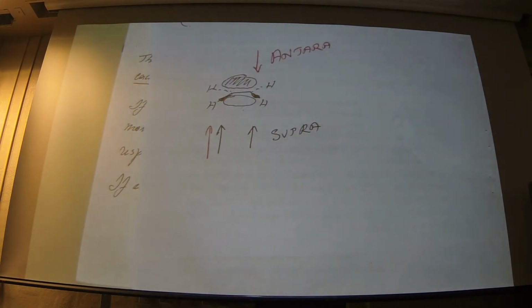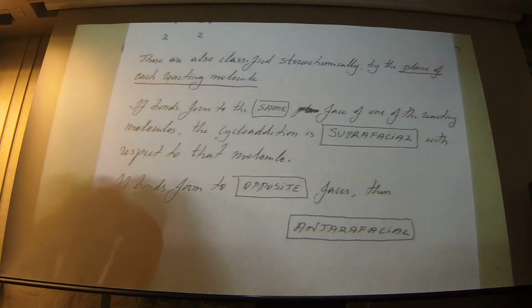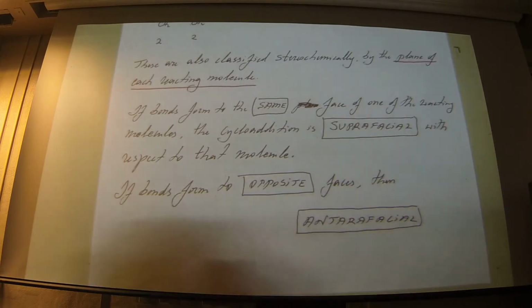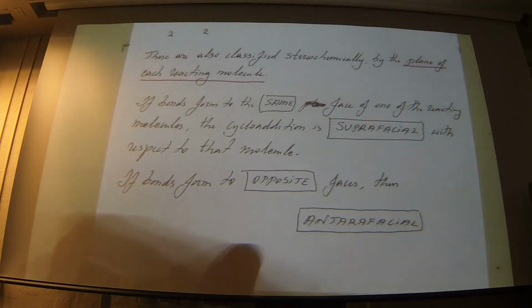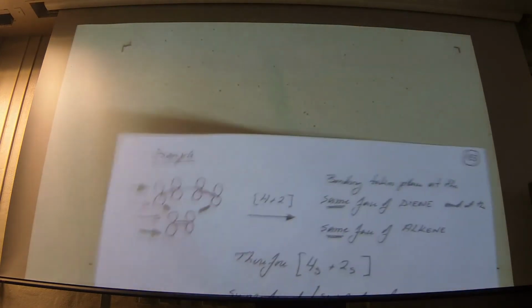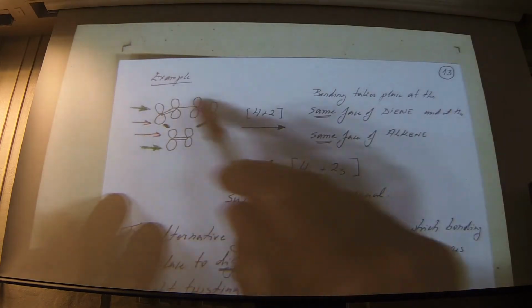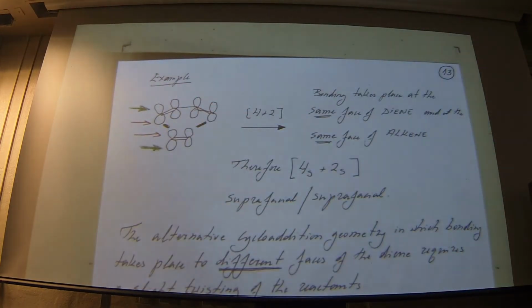Now, when we look at cycloaddition reactions, we need to think about not just how many pi electrons, but suprafacial and antarafacial addition. Okay, so this is just what I illustrated for you. Now let's see how this works in the context of the Diels-Alder cycloaddition. I'm not showing the phases of the orbitals because I don't want to tell you if it's the HOMO or the LUMO or whatever. That's going to come later.